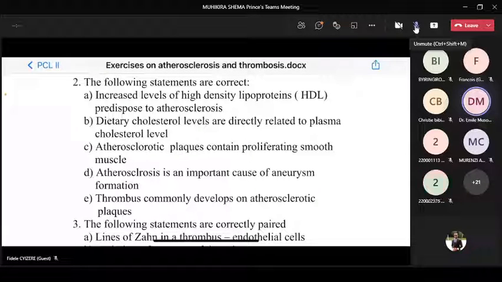Atherosclerosis is an important cause of aneurysm formation. Give us the answer.